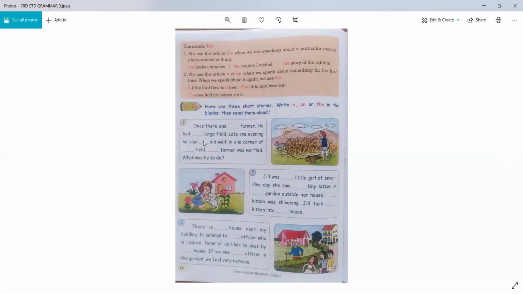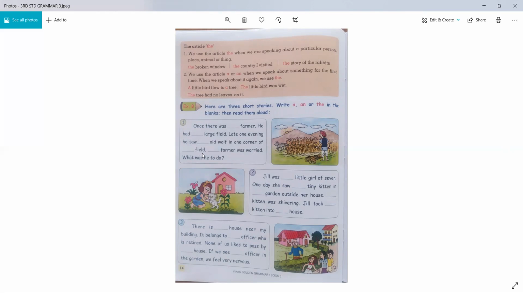Why am I using an here? Because the word starts with O, and the letter O is a vowel sound. A, E, I, O, U. So before vowels, we use article an. So here, what do we have to write? An old wolf in the corner of the field.